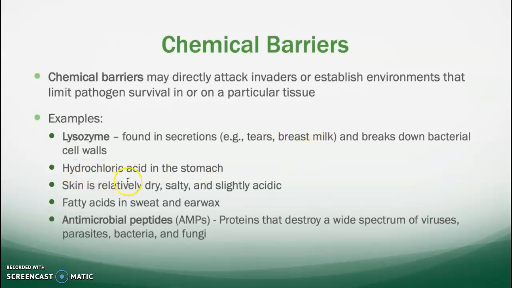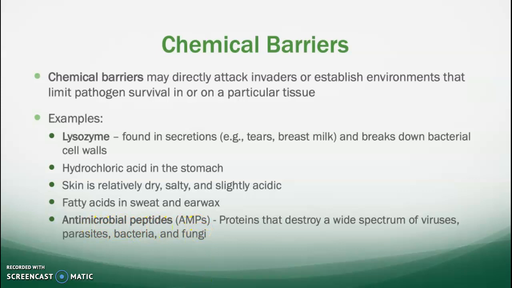We have hydrochloric acid in the stomach that causes such a high acidity that most pathogens can't survive our stomach. We also have our skin, which even though it's a physical barrier, on the surface is often very dry, salty, and slightly acidic. This makes it particularly hard for some pathogens to grow. In addition, we have fatty acids in sweat and earwax that can play a role in breaking down microbes. And then lastly, we have those antimicrobial peptides, or AMPs.